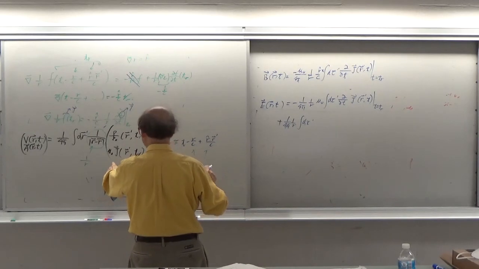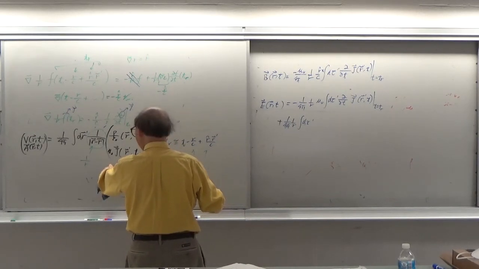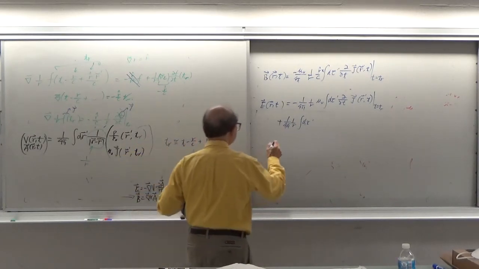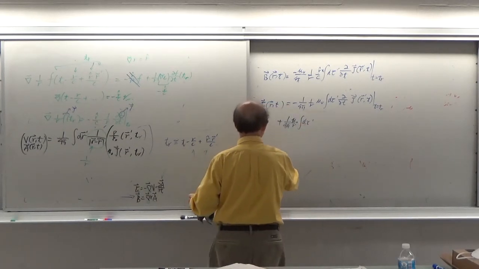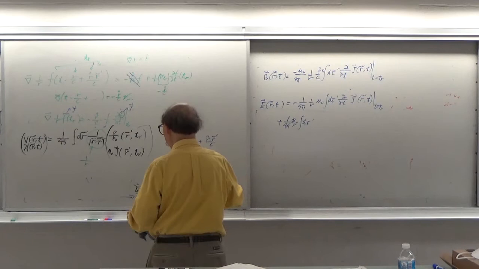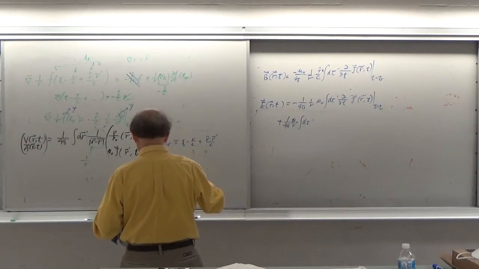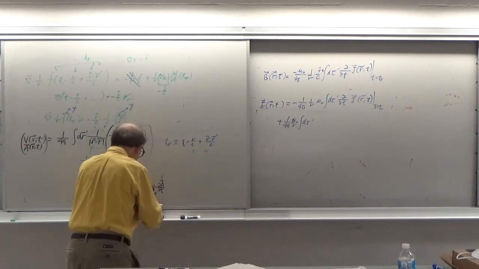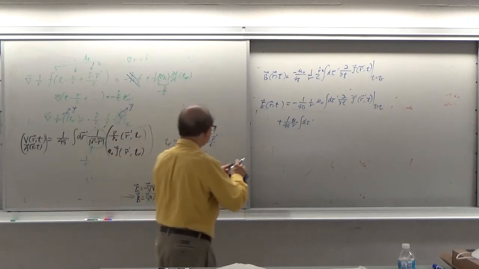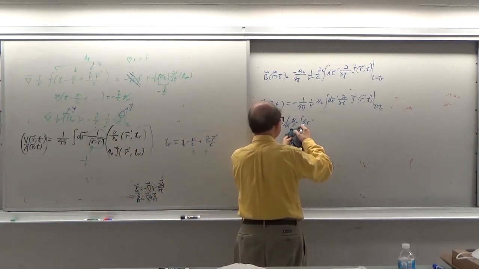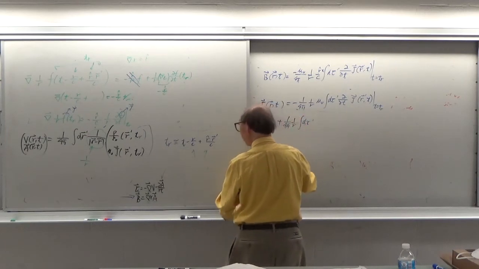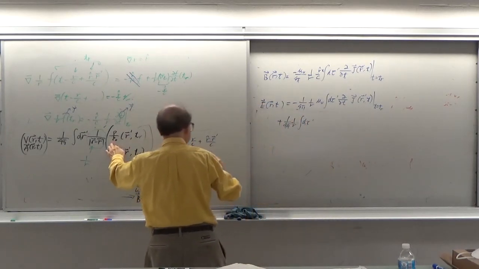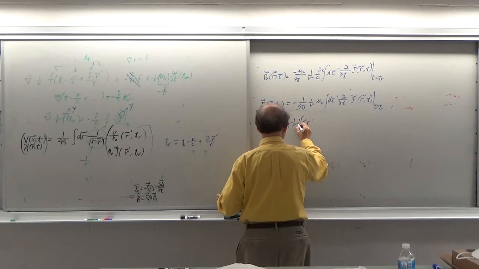Let's see, that's mu naught. Oh, I'm sorry, I'm looking at the gradient acting on V. And in V, there's the epsilon naught downstairs.